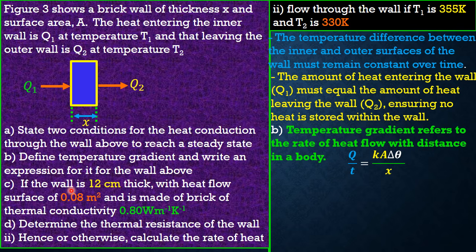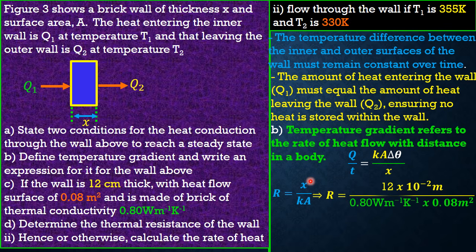So the thermal resistance, by definition and from its formula, is simply given as R equals X over KA. That's the reciprocal of our quantity in yellow. X over KA means our X in this case is 12, which we put in meters as 12 times 10 raised to the power negative 2 meters, over our K, which is 0.8 watt per meter per Kelvin, then our A is 0.08 meters squared.